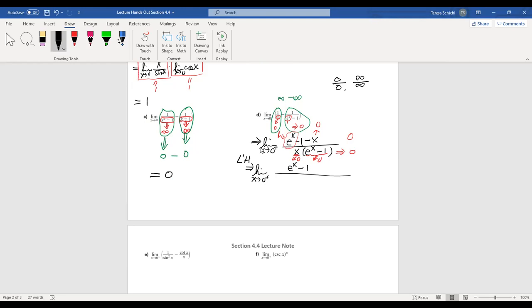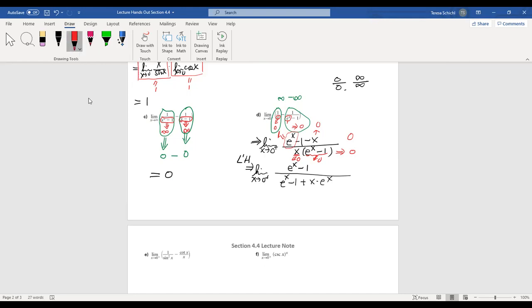Okay, so now the second one here is the product rule, right? So I can use the product rule. So x, so this will be the (e^x minus 1), then plus x, then the derivative of e^x minus 1 is still e^x. Okay, so now let's see what we have here.